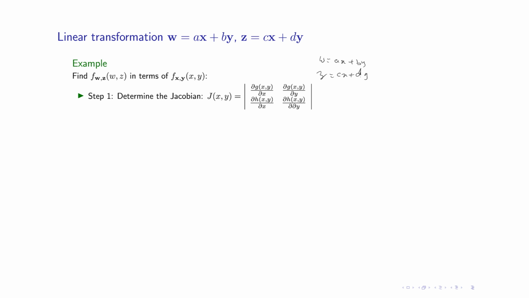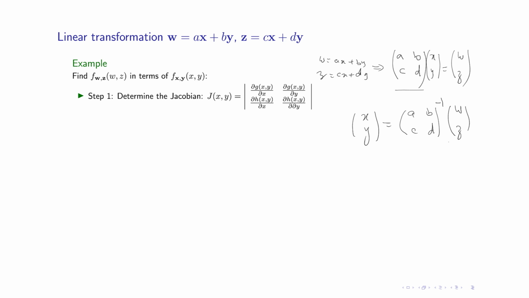To do that, you can write these two equations in terms of A, B, C, D times X, Y equal to W, Z. So the first equation is A times X plus B times Y, and the second equation is C times X plus D times Y. So you can see that the solution X, Y is equal to the inverse of this matrix, A, B, C, D, times W, Z.